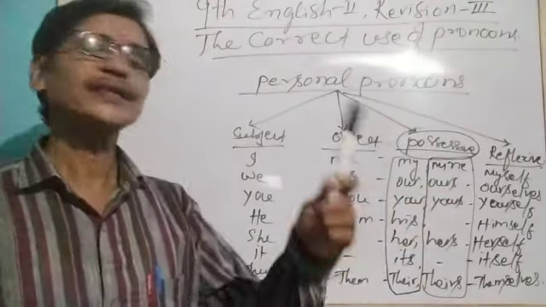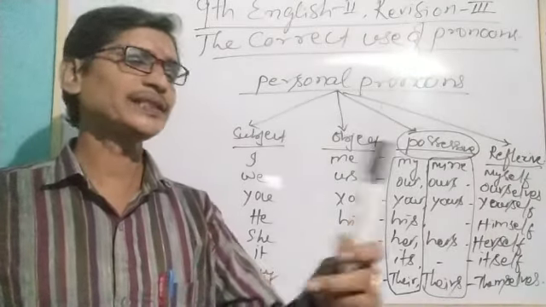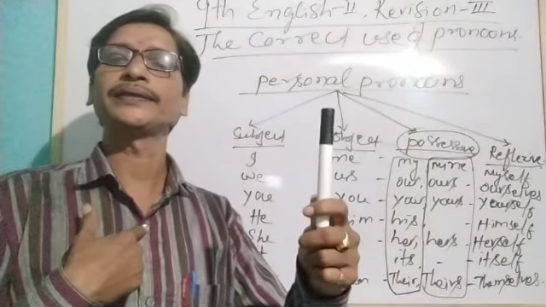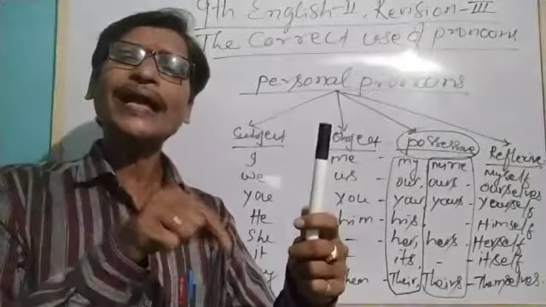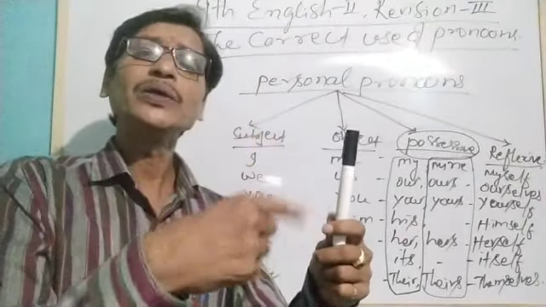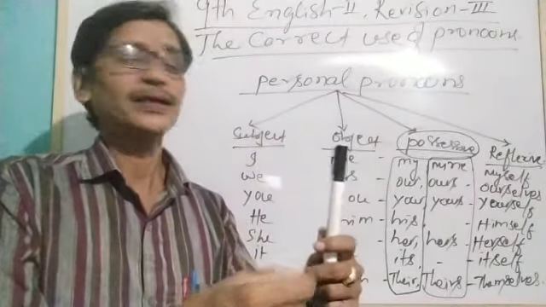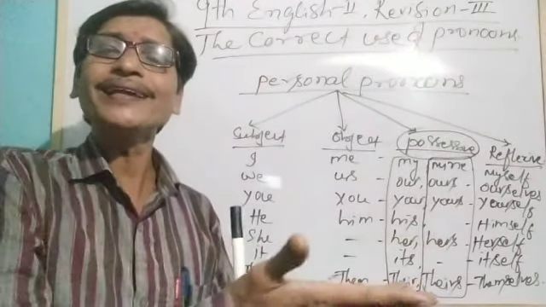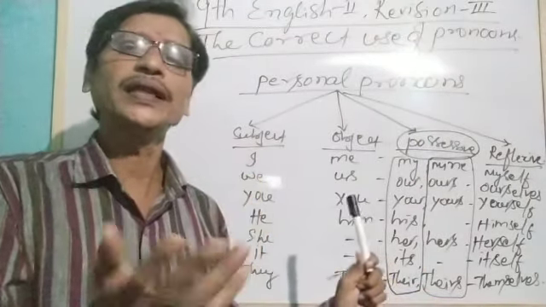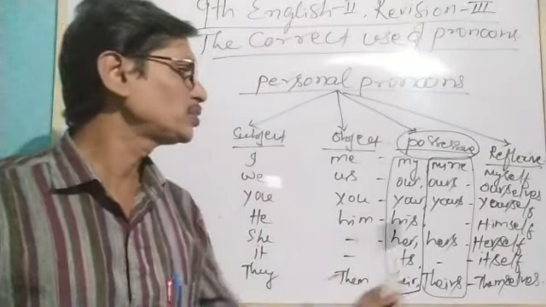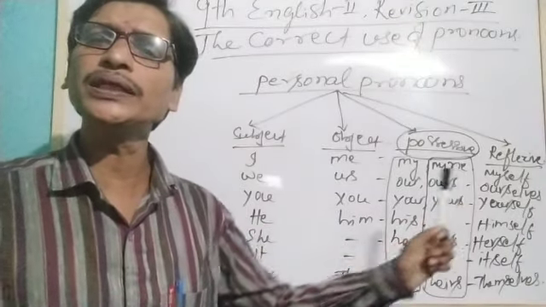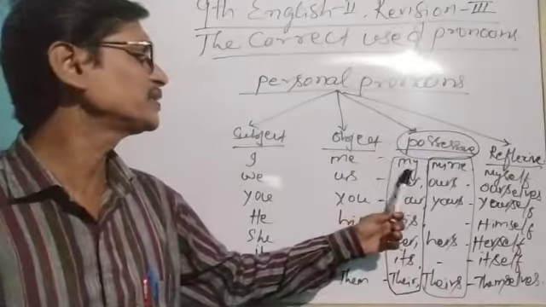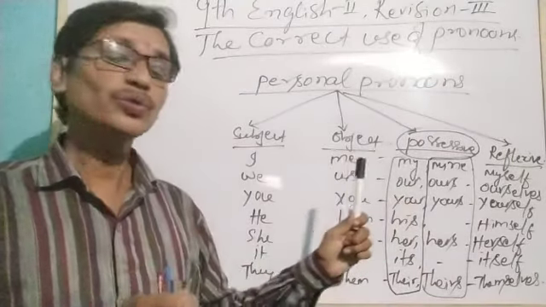Understand? So you see, this pen, this is my pen. So we used my, and after the word my, we used pen. This pen is mine. So after this mine, there is no noun used. So this mine is used here only as a possessive pronoun, whereas in my pen we have used a noun.